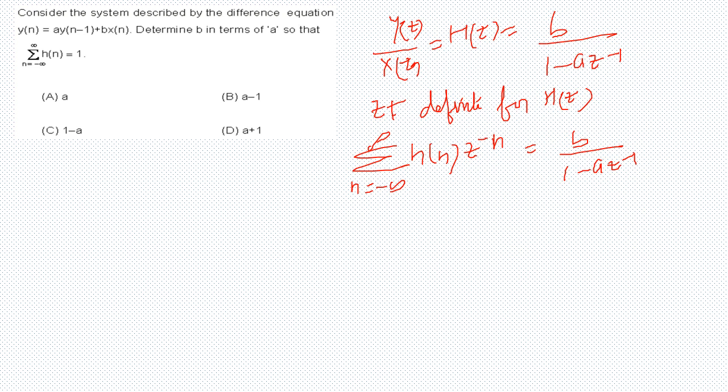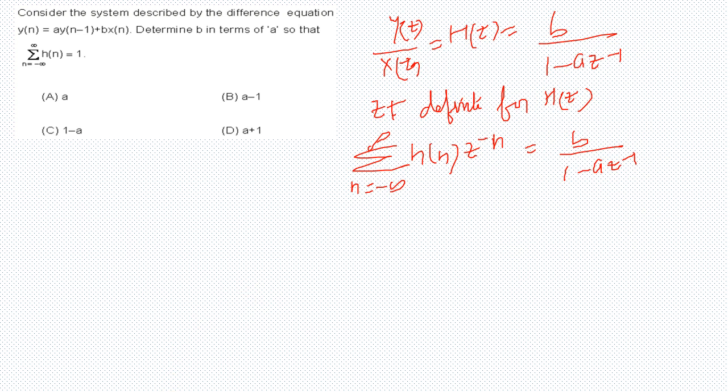Now we can notice one thing here. If I put z equals 1, then I get the sum from n equals minus infinity to infinity of h[n], which is already given to me as 1. So I can relate b with a.